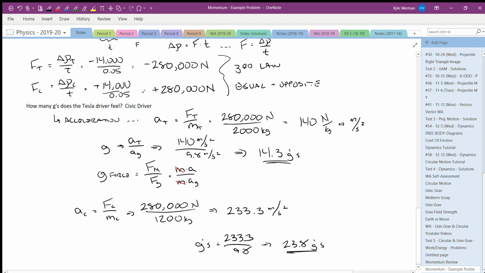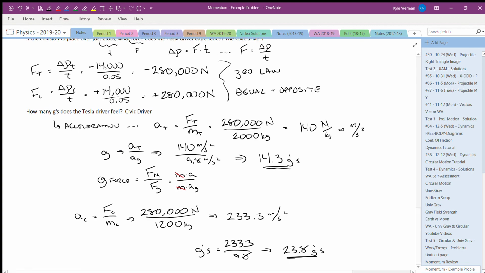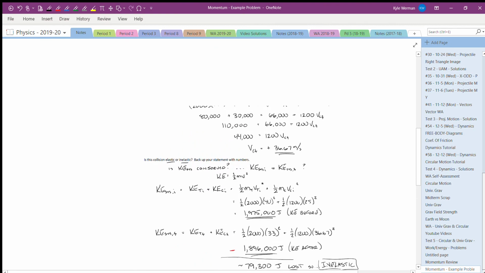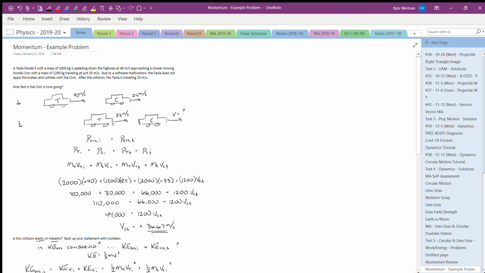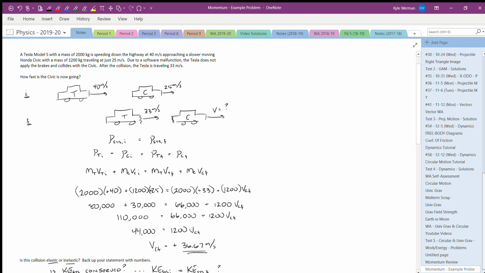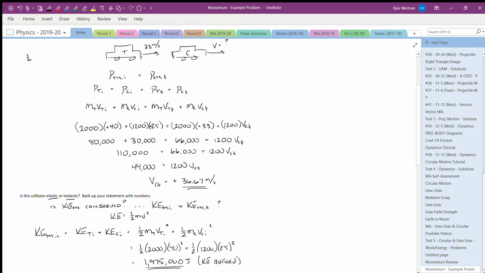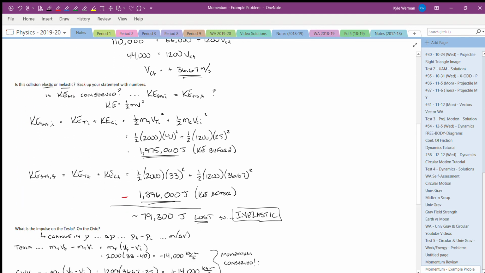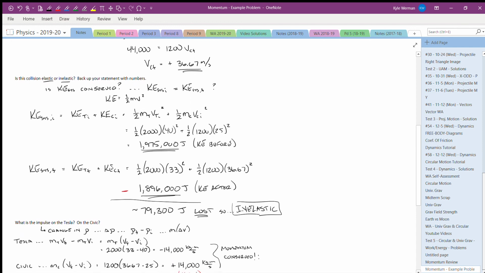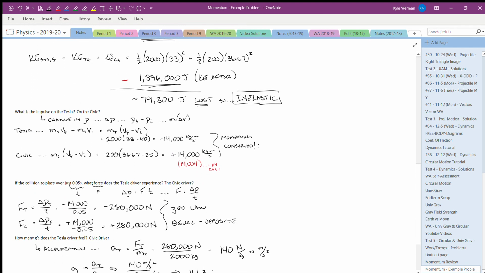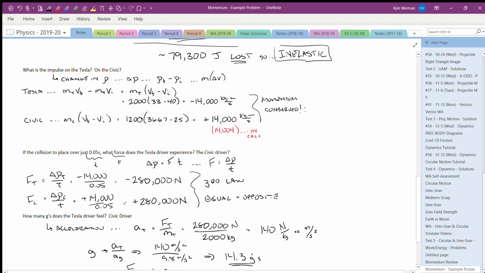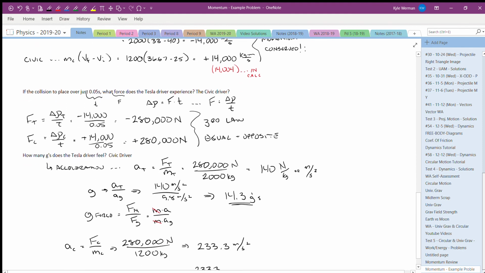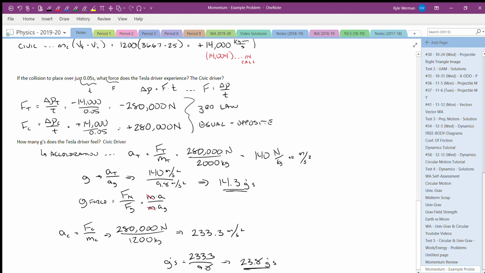So it's just a really good example, kind of tying everything together for a problem where we have two cars colliding using conservation of momentum, find the velocity of a car, determining the energy lost in the system to determine whether it's inelastic or elastic, transferring that into what an impulse is, its change in momentum, and how the forces come into play when you have the time of impact.